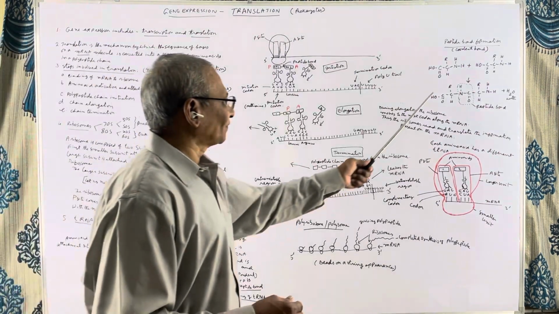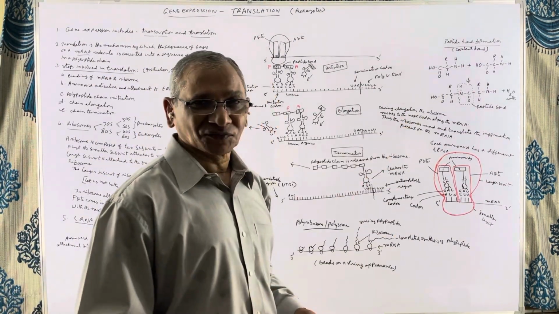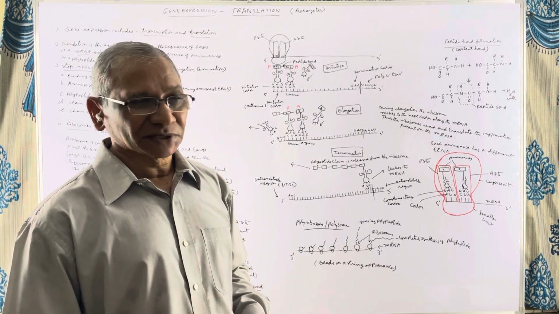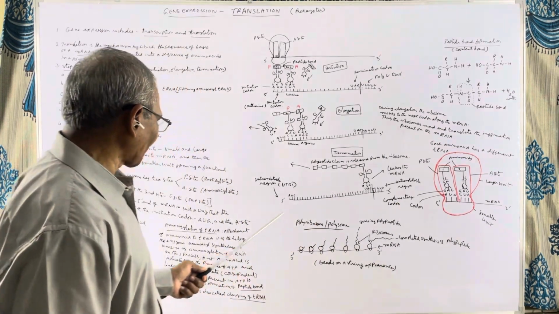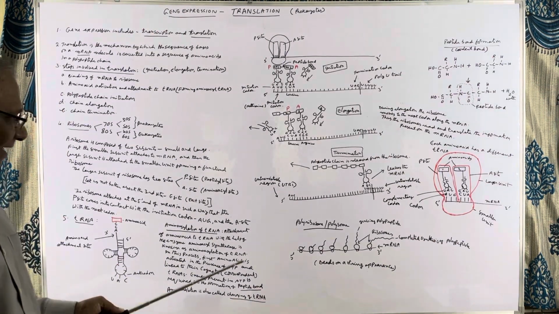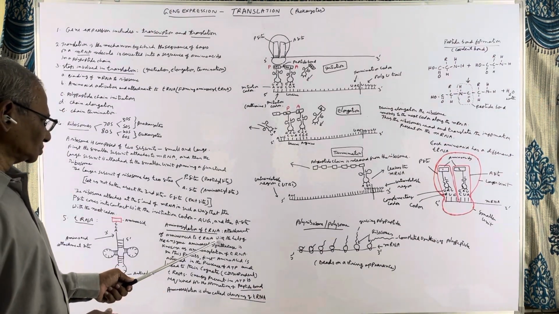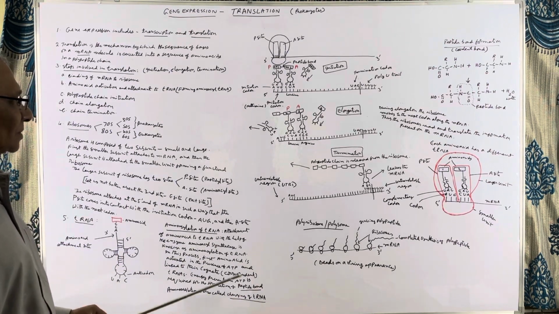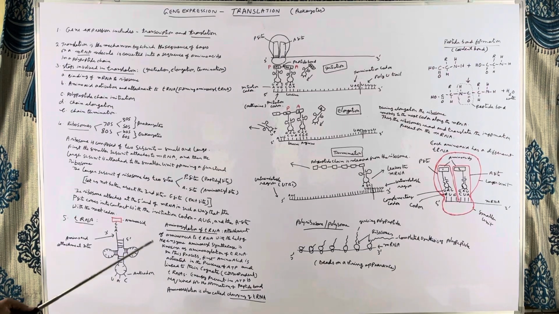See, peptide bond formation requires a lot of energy, and that energy is supplied by ATP. So, in this process of amino acylation, ATP is attached to amino acid and also to tRNA. That is about amino acylation.